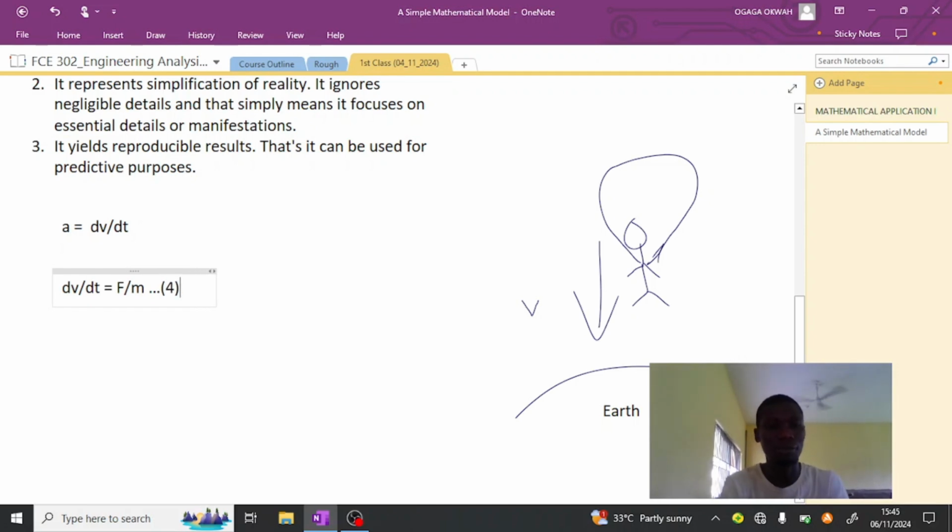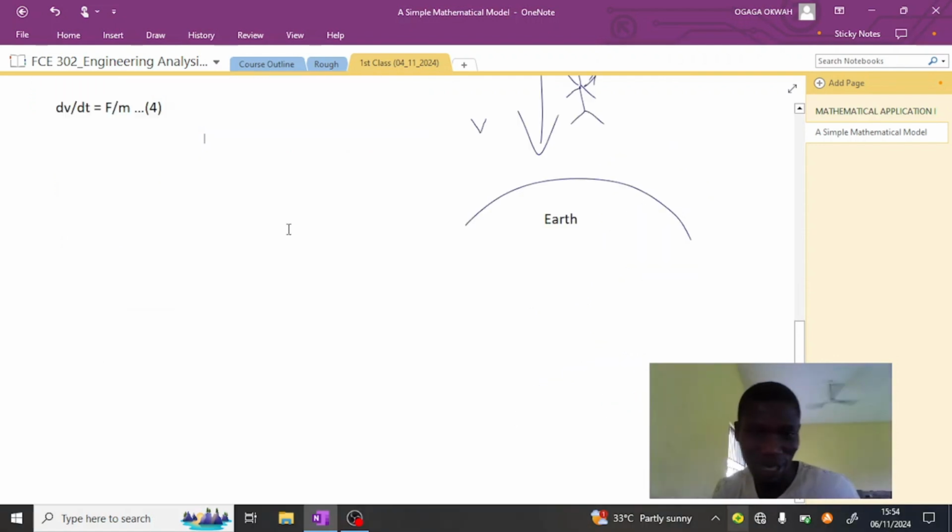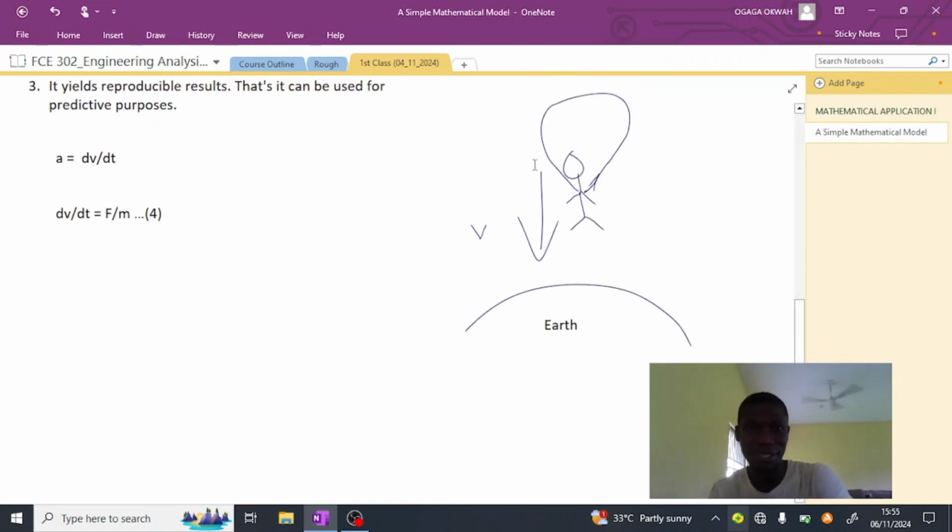Okay, beautiful. So we are following so far. At this point, dv/dt equals F divided by m. Now F is not just force, it is net force. Net force means it is the sum of all the forces acting on the body, or on the parachutist in this case. The forces acting on the parachutist are basically two: downward force and upward force.